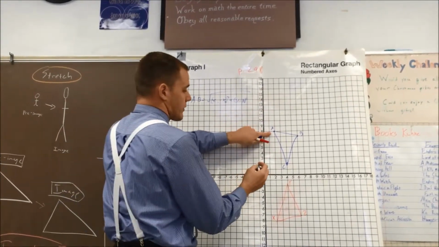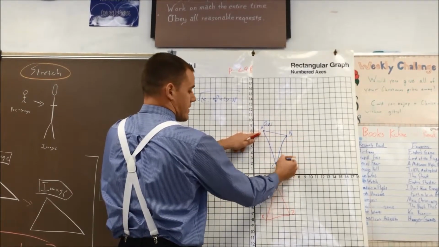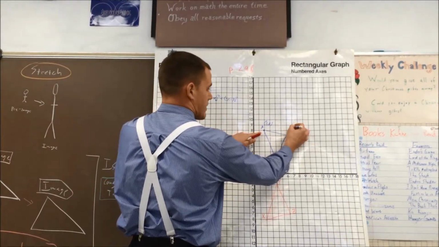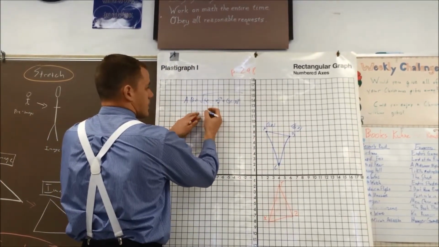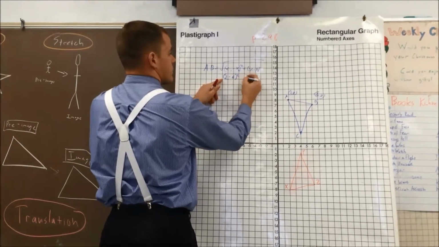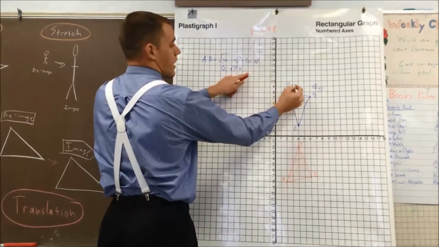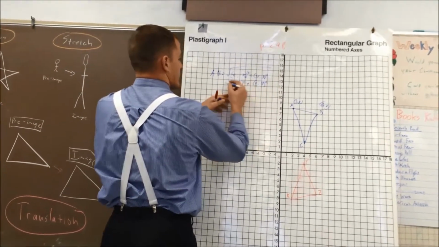So let me find the coordinates for A. That's going to be 2, 8. And B is going to be 6, 7. So for AB, x1 minus x2, 2 minus 6 squared, y1 minus y2, 8 minus 7 squared.